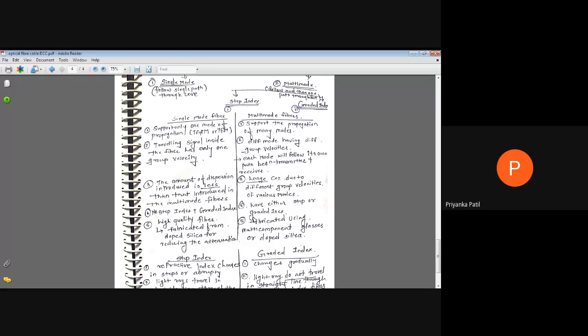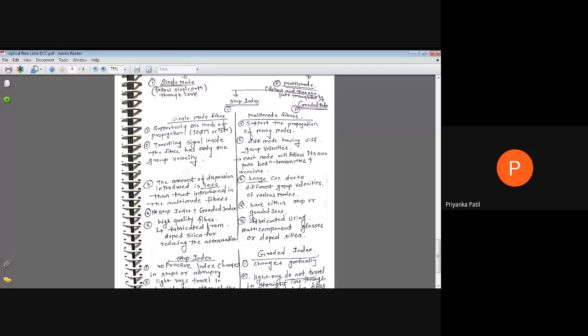Next, single mode provides high quality fibers. High quality fibers are fabricated from doped silica, which is used for reducing the attenuation whenever data is transmitted throughout the network.